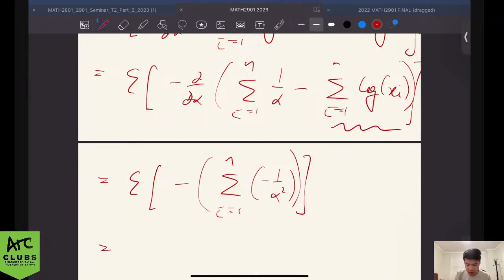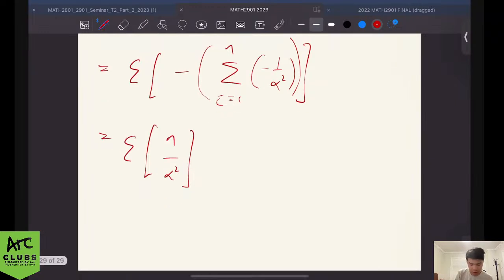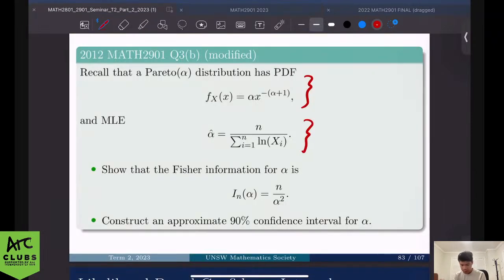You get the expectation of n on alpha squared, which in this case does not have a random variable, it doesn't have x in it, so you can very safely just write n on alpha squared. Okay, hopefully that makes sense. But yeah, that's the Fisher information.